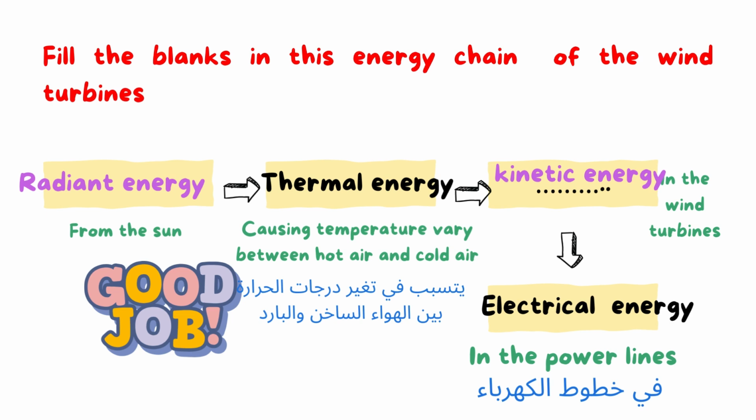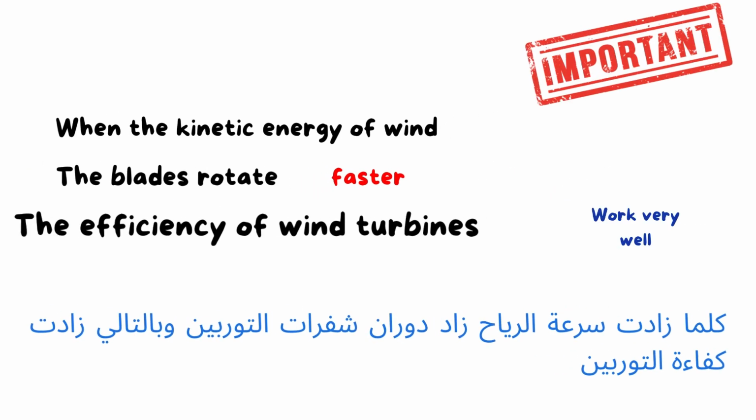After that, this kinetic energy generates electricity as it is converted into electrical energy in the power lines, and it's transmitted through big wires to different buildings such as homes and factories. So here is the answer: radiant energy is converted into thermal energy, this thermal energy is converted into kinetic energy, and finally this kinetic energy is converted into electrical energy.